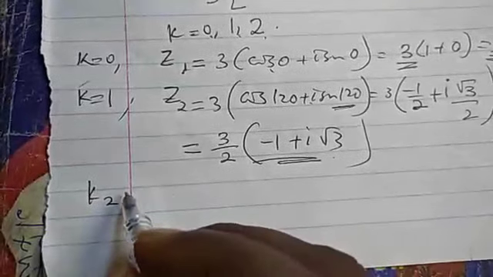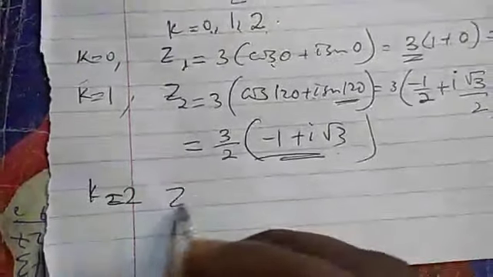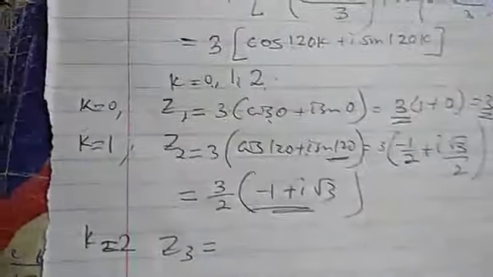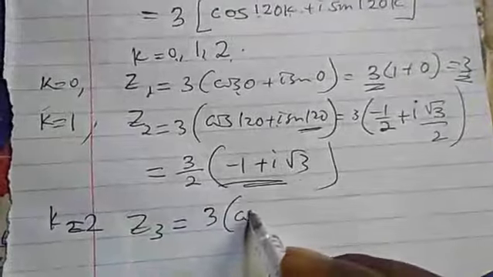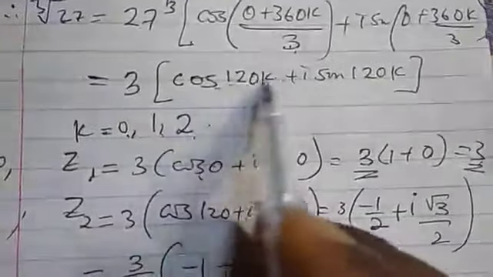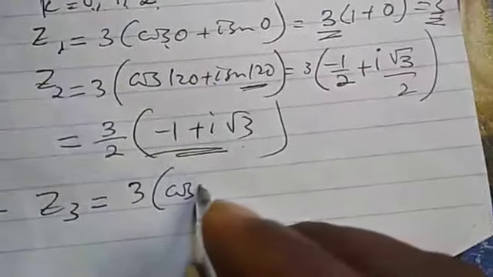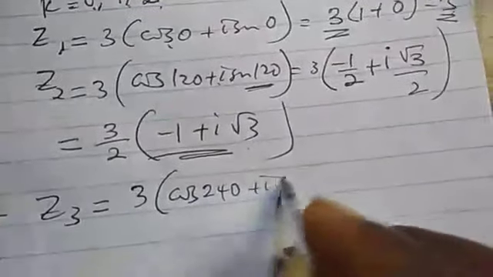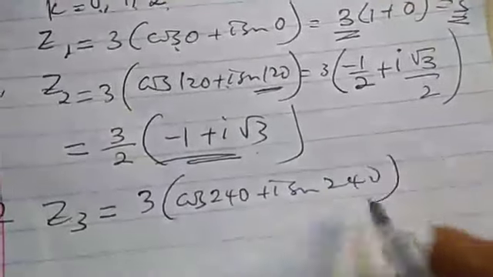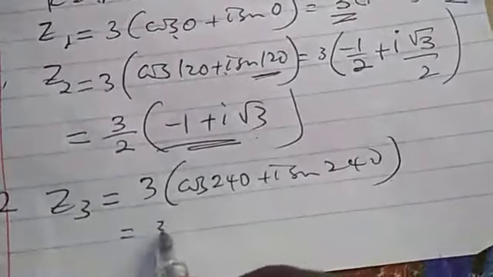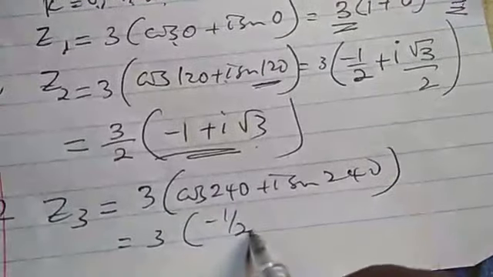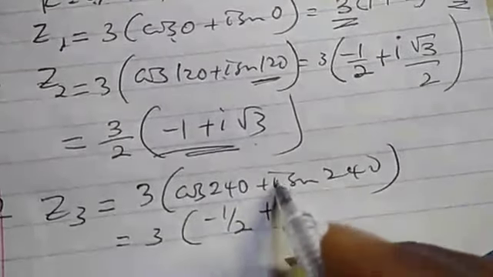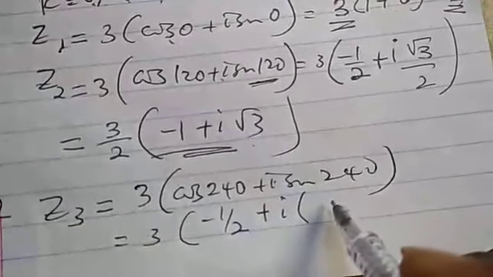Finally, when k is 2, the third one will become, just put k to be 2 here, 3 into cos 120 times 2, that will be 240, plus i sin 240. From our calculator, cos 240 will give me minus half plus i sin 240.